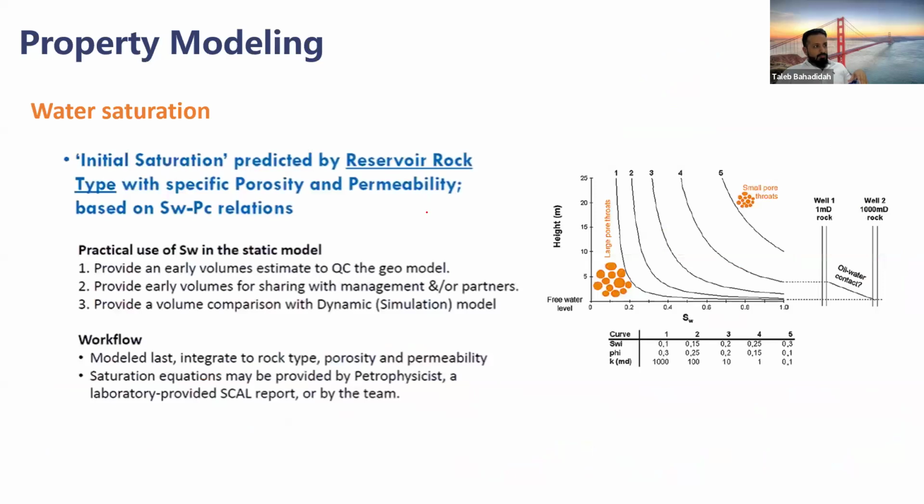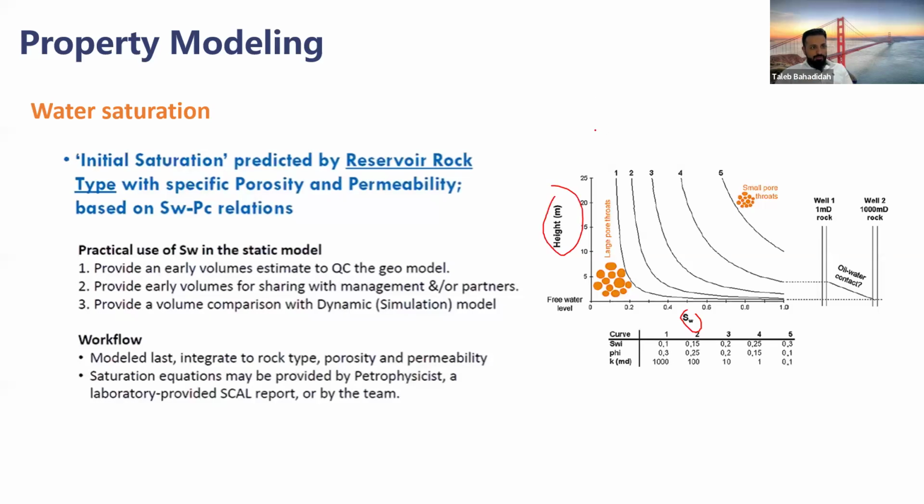And now water saturation is done in a similar way. You will also have an equation, as you can see here. There are different approaches to build the water saturation. Mainly they use the saturation height function. You can see here the relation between saturation, here is Sw, and the height, which is the height above free water level.